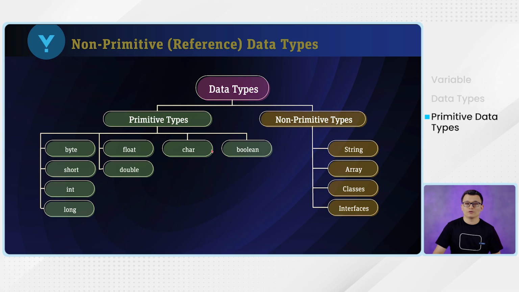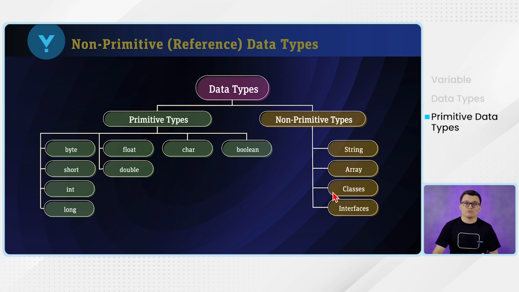And then the non-primitive data types, also known as reference data types. They are string, array, and multiple classes, because there are also many classes that can be the data type.